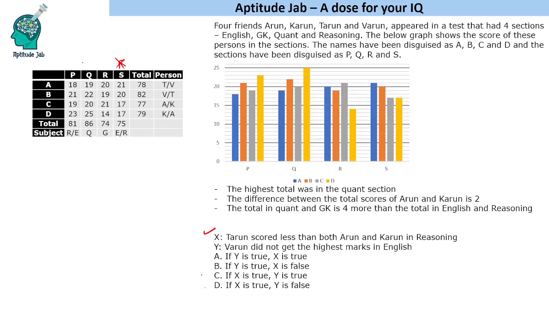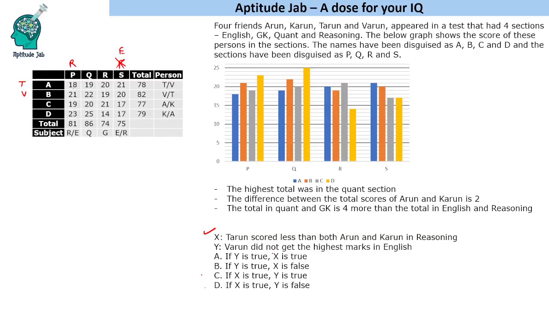So that means this is not reasoning, this is the reasoning, and this is English. Now it says that Tarun scored less than both Arun and Karun in reasoning. So this is Tarun, this is Varun. We do not know Karun and Arun. So if X is true, this will be the condition.